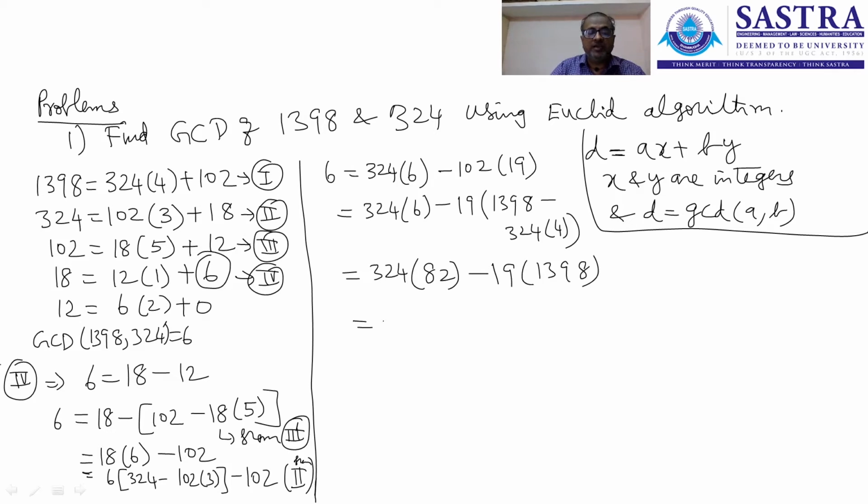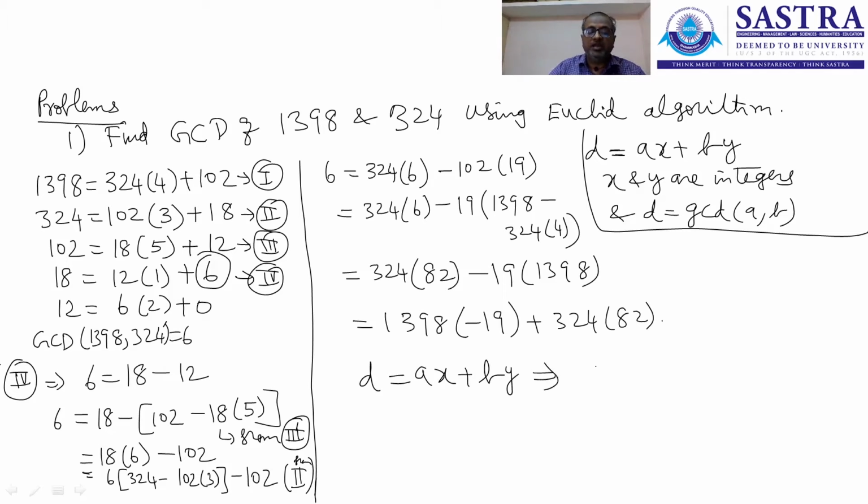So I can write this as 1398 into minus 19 plus 324 into 82. So for this problem, 6 is rewritten as 1398 into minus 19 plus 324 into 82.